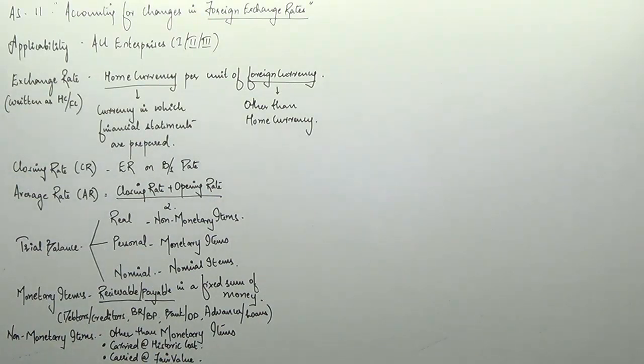Non-monetary items carried at historic cost are all real accounts, nothing but tangible fixed assets. Your fixed assets and long-term investments are all real accounts which are carried at historic cost. Carried at fair value, the best example that you can take is stock. Stock is always valued at lower of cost or NRV.